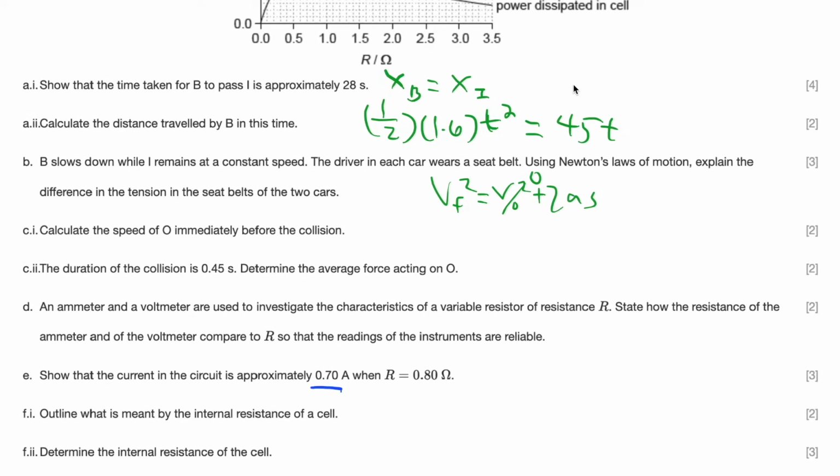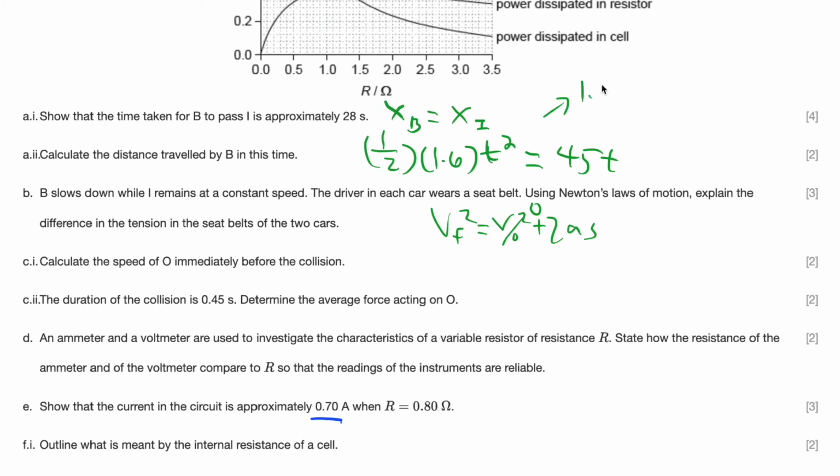Now you can solve the equation. So 1.6t squared is equal to 45t. So 1.6t is equal to 45, and t is approximately equal to 28 seconds.